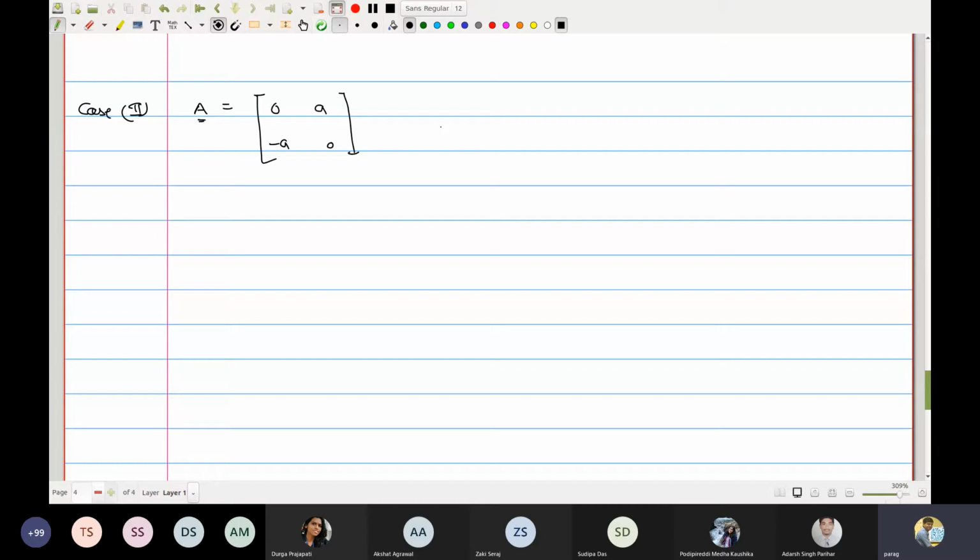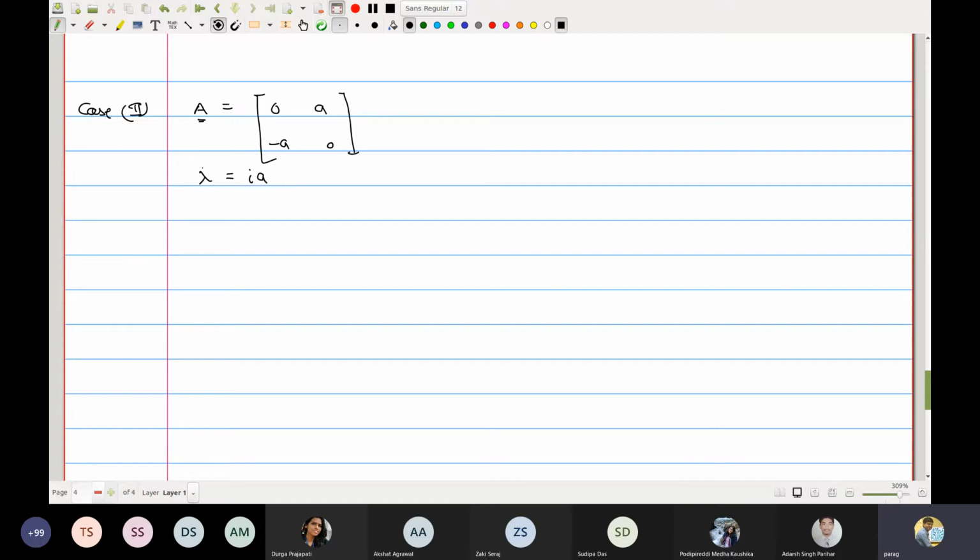What will happen in this case? One of the eigenvalues in this case, I'm again assuming that you know how to solve for eigenvalues and eigenvectors, so we are not wasting our time on that, is ia, an imaginary eigenvalue.